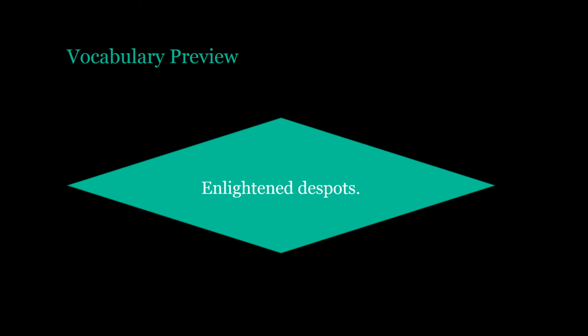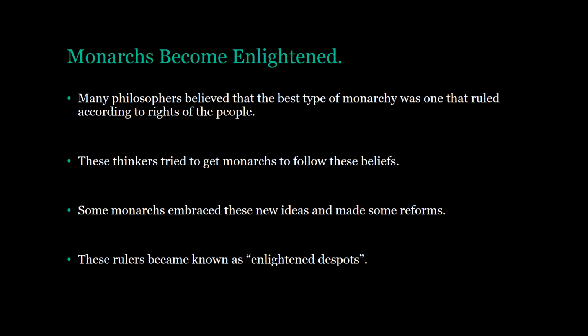An enlightened despot was a king or queen who followed the rules and beliefs of the Enlightenment. So monarchs become enlightened. Many philosophers believe that the best type of monarchy was the one that ruled according to the rights of the people. Remember that during the age of absolutism, many kings and queens were not respecting the rights of the people.